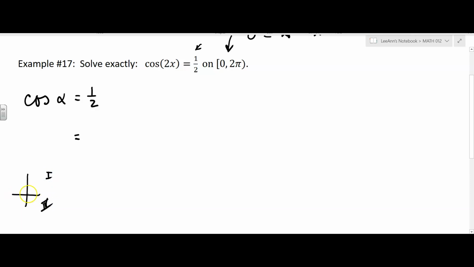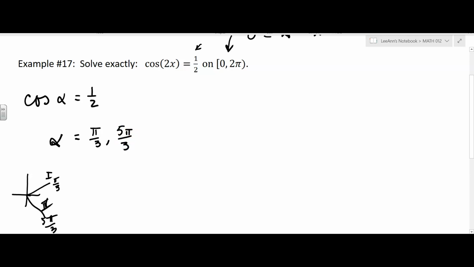It's going to be pi over 3. I feel like we've used that one a lot. And then it's going to be the one down here, which is 5 pi over 3. Okay, let me make sure I get those right. So alpha would be equal to pi over 3 and 5 pi over 3.